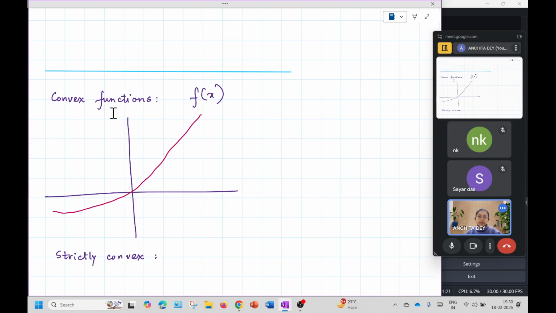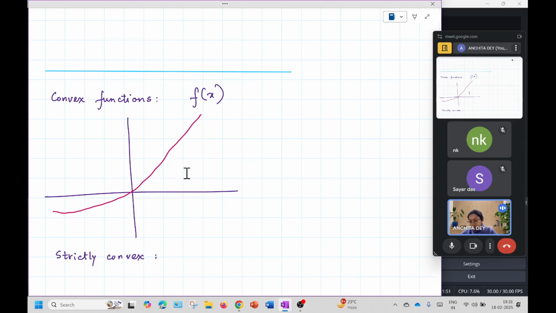By the name, and from what we read about convex and concave lenses in 11th or 12th standard, whatever looks like a bowl, something that can contain water if you pour on it from the top, is a convex function. That's the very simple way to look at the convexity property.